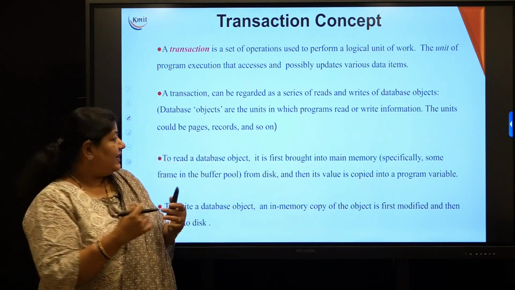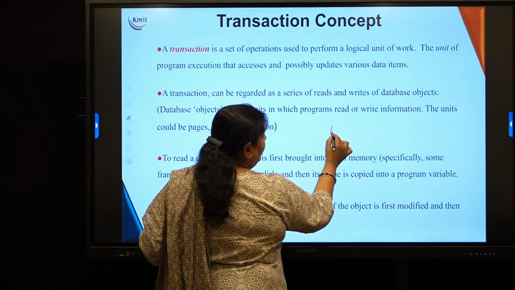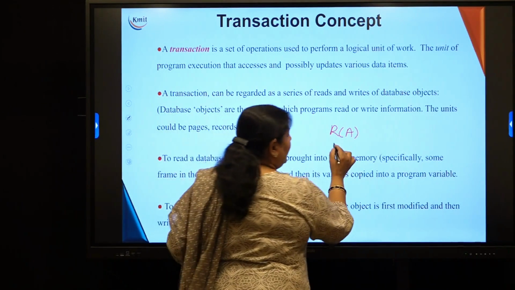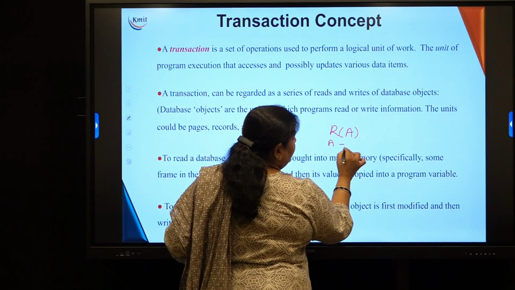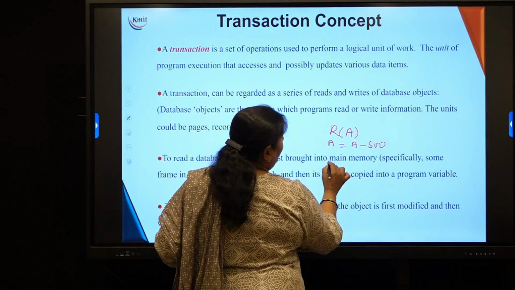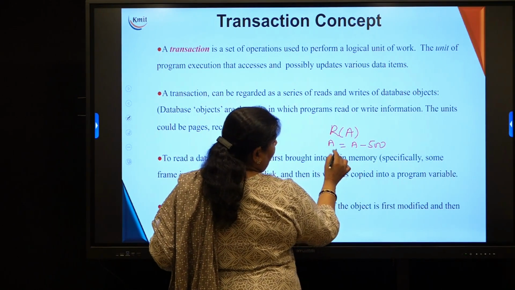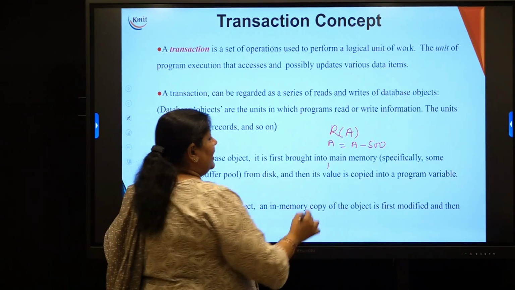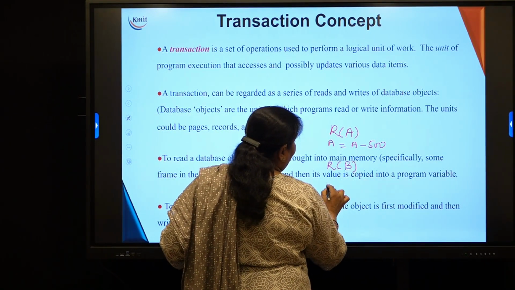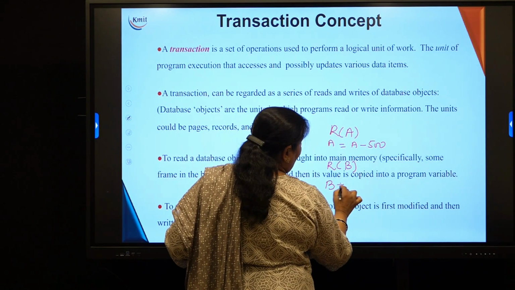I am reading the value of A, subtracting 500 from it, and then I am going to transfer that amount to B. That means read the value of B, and add 500 to that.